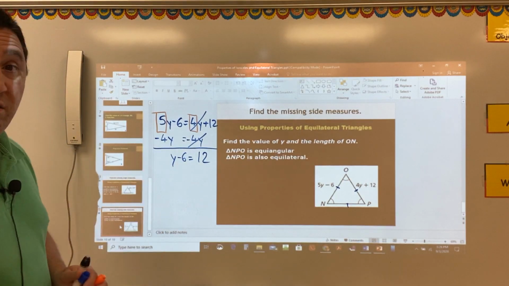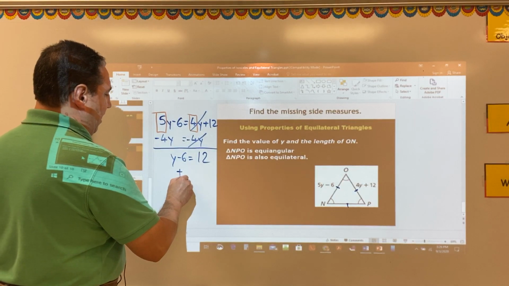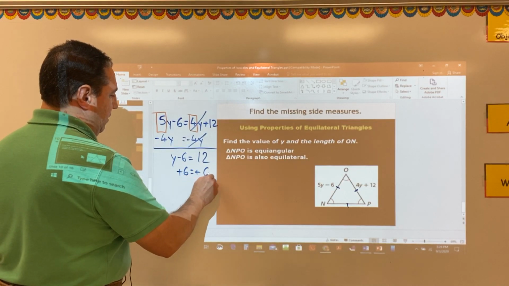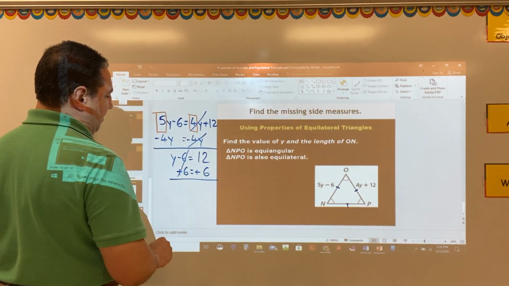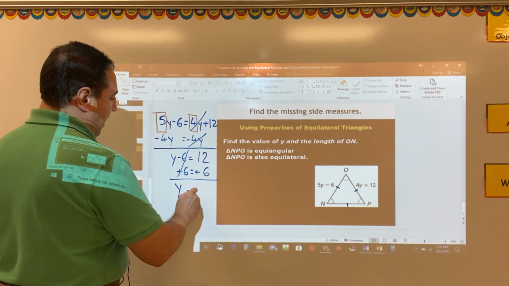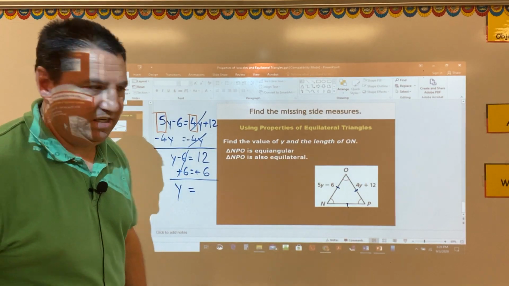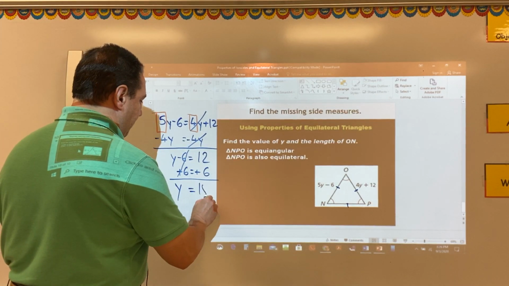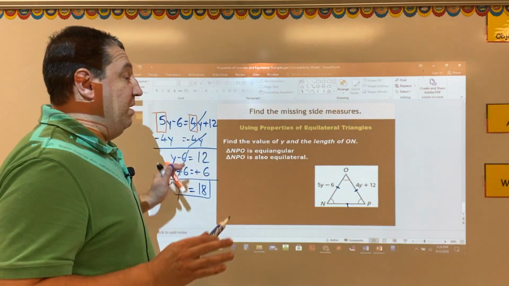Then we get rid of negative 6 by adding 6 on both sides. Negative 6 plus 6 cancel out. What's left? y equals, and we simply add these numbers. 12 plus 6 equals 18. And we found y.